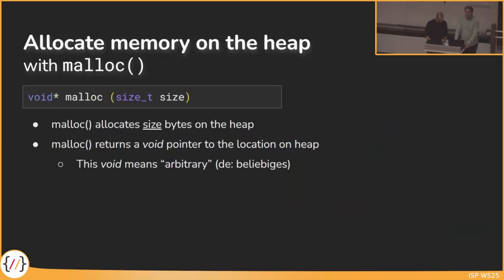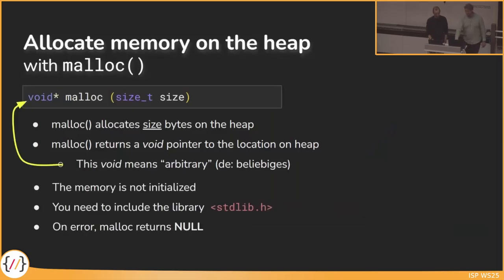Okay, so in the interest of time, I think we should continue. What I want to mention about malloc is that the memory we are getting on the heap is not initialized, so we don't know what's in there. We need a new library for that, the stdlib library.